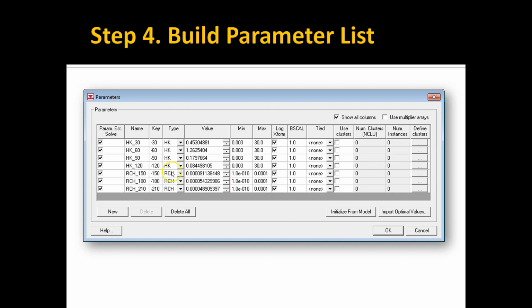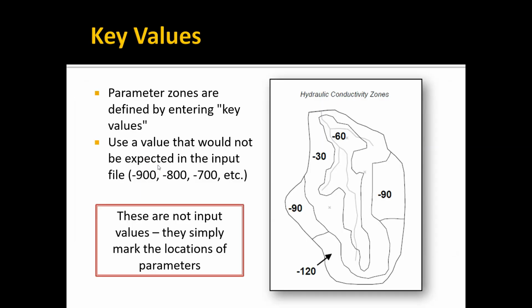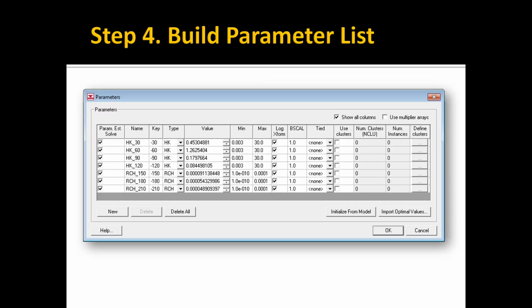Based on those values it builds this table of parameters. So you'll notice that we have a -30, a -60, a -90, -120, and this goes back to this image here. Since those key values were found in the hydraulic conductivity array, it creates a hydraulic conductivity parameter for each of those. And then we have 3 different parameters based on these 3 key values in the recharge.